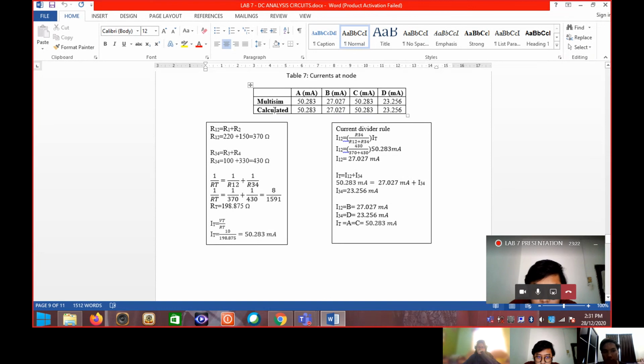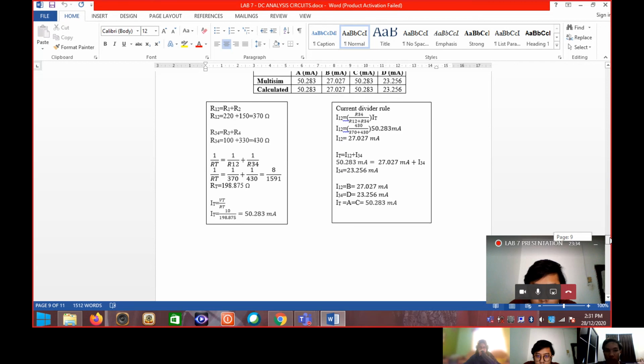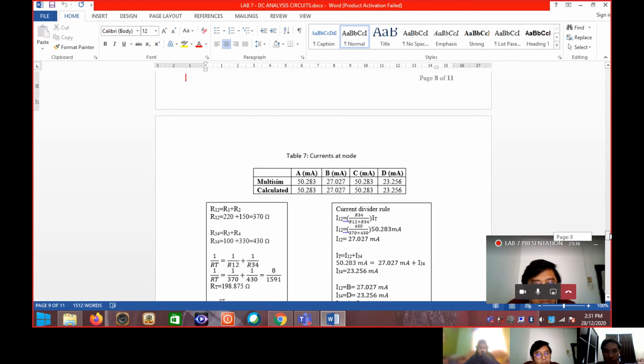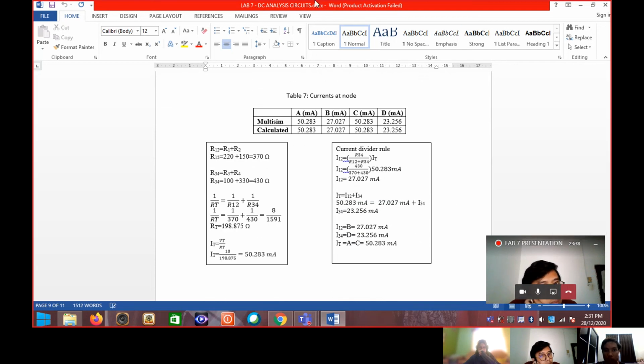And if we calculate the value using the theory, we will get the value in the calculated section. This is for part 2. I will proceed with the question part with Haikal.